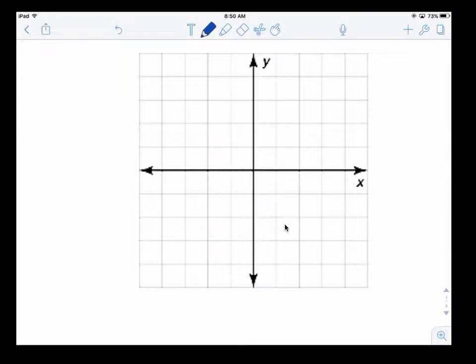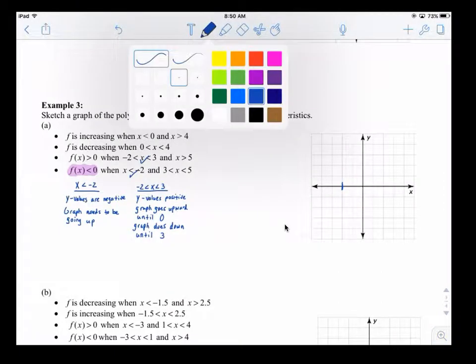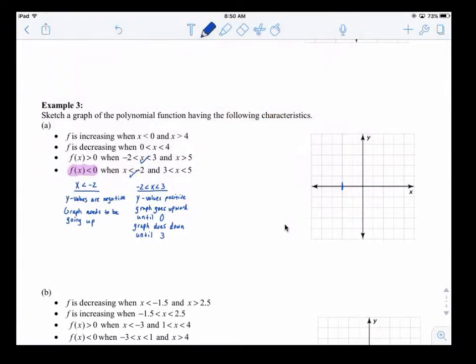So I have negative 2 is right here. It says the y values need to be negative, but the graph needs to be going in an upward direction. So less than negative 2, which is over here. So the y values need to be negative, which is down here, and the graph needs to be going up.